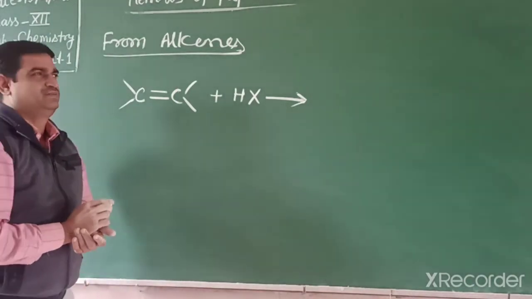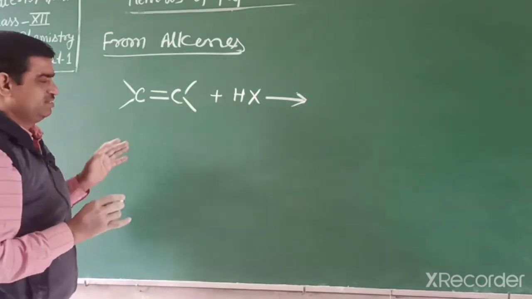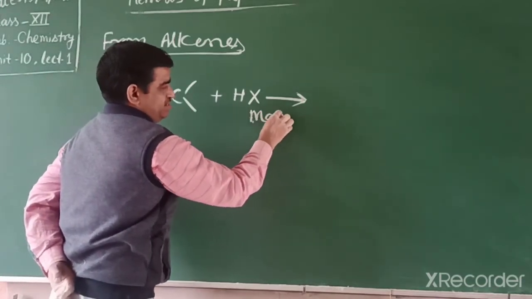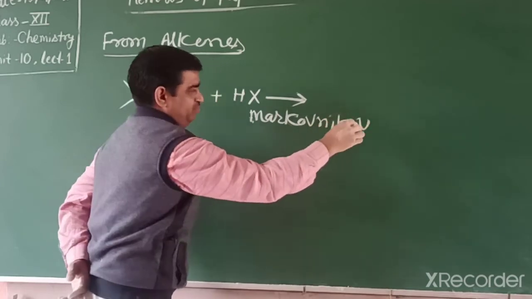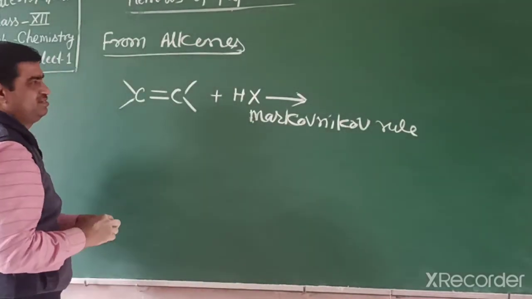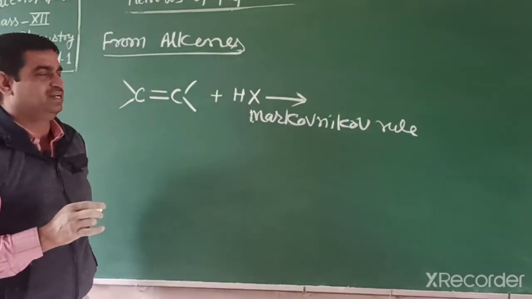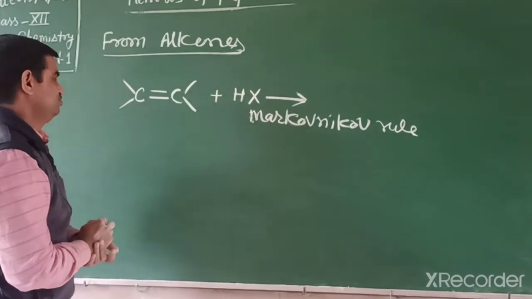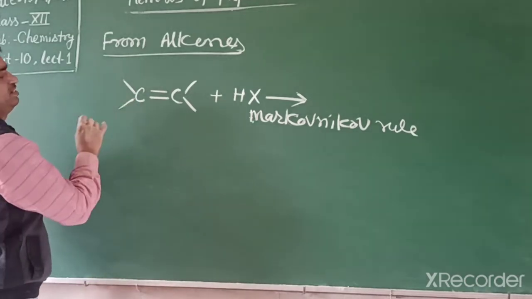We earlier studied in 11th class the addition of hydrogen halide on alkene, which is governed by the Markovnikov rule. What is this rule, students? A Russian scientist stated that on addition of a hydrogen halide to an unsymmetrical alkene, the halogen atom attaches to the carbon having fewer hydrogens. So we take an unsymmetrical alkene.